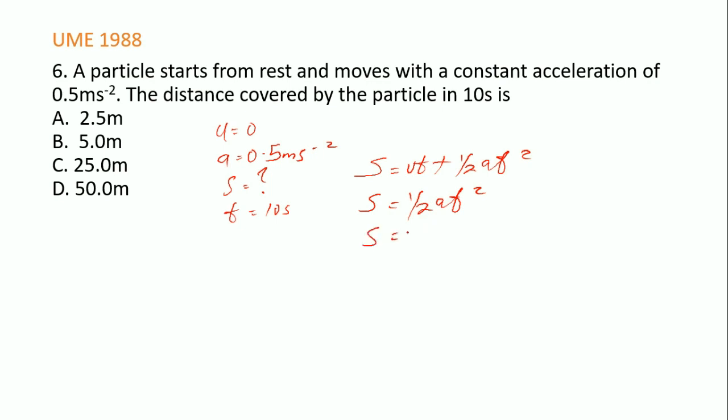S will be equal to 1/2 times 0.5 times 10 to the 2. So we will be having 1/2 times 1/2 times 100. So 1/2 of 100, that's 50. 50 times 1/2, that is going to be 25 meters, which will be option C.